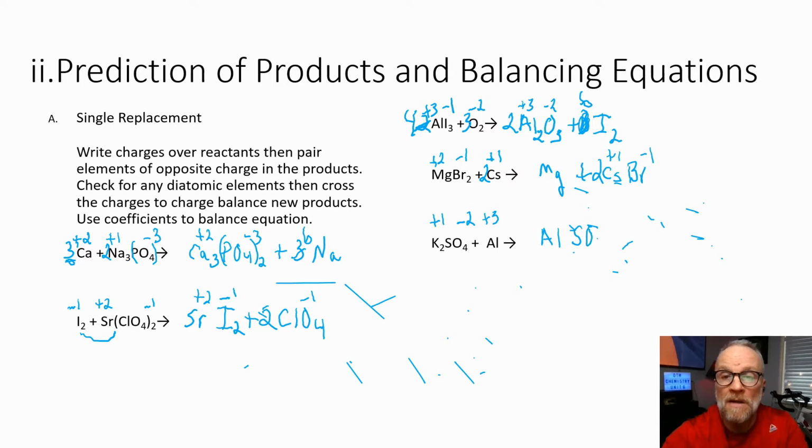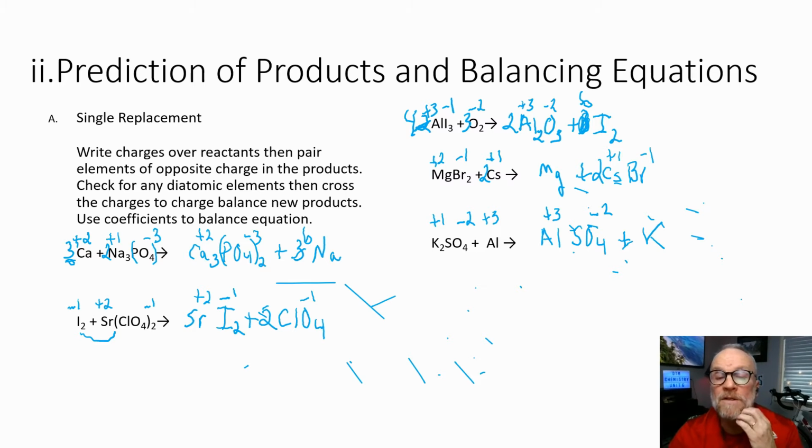So it's always positive by negative. Potassium is not one of the 7 diatomic elements, so we don't have to do anything there. And so now we have to charge balance our products. So we will put parentheses around the sulfate. There's 3 sulfates and 2 aluminums.